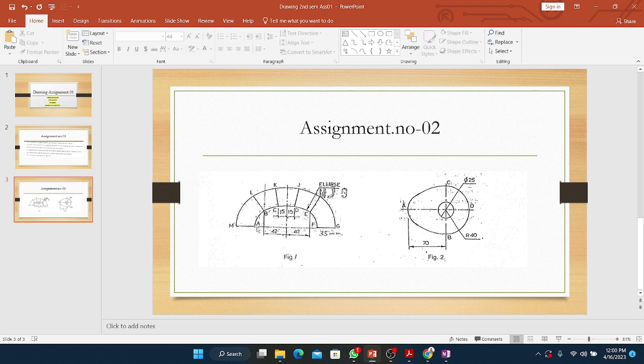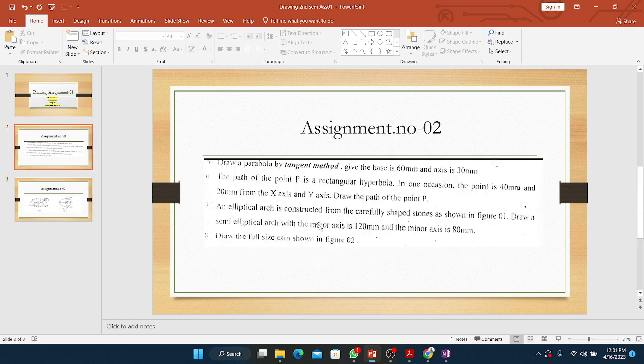In the concentric circle method, you have half of the minor axis and the full major axis here. First we will draw this A, B, C, D, E, F half ellipse. We have major axis 120, minor axis 80.